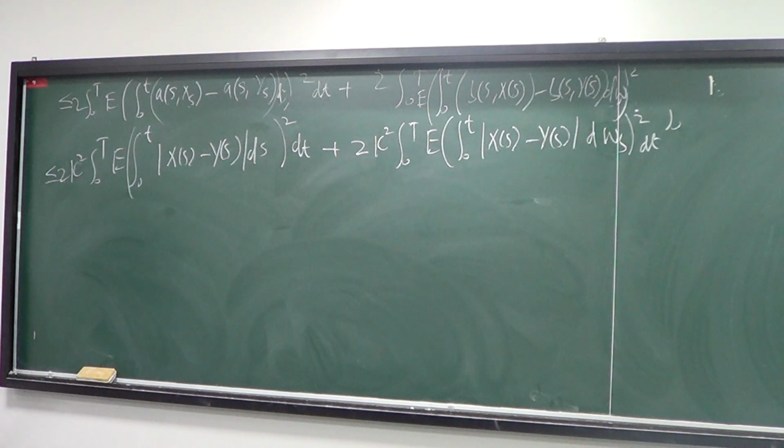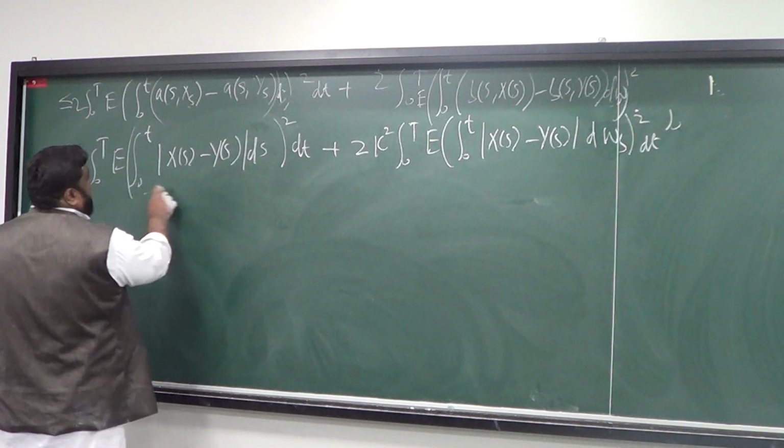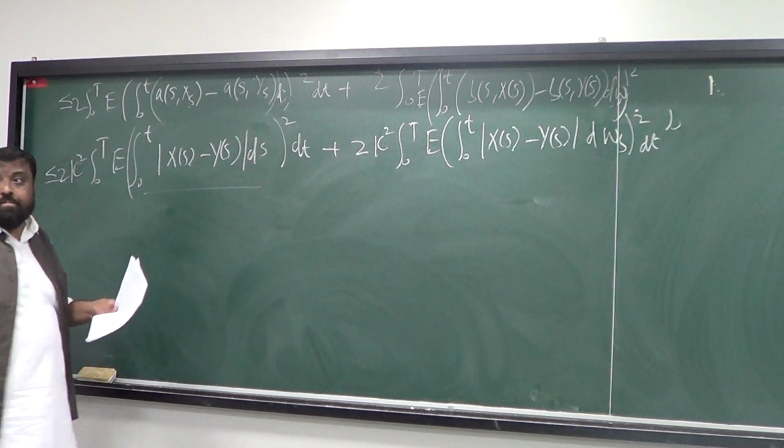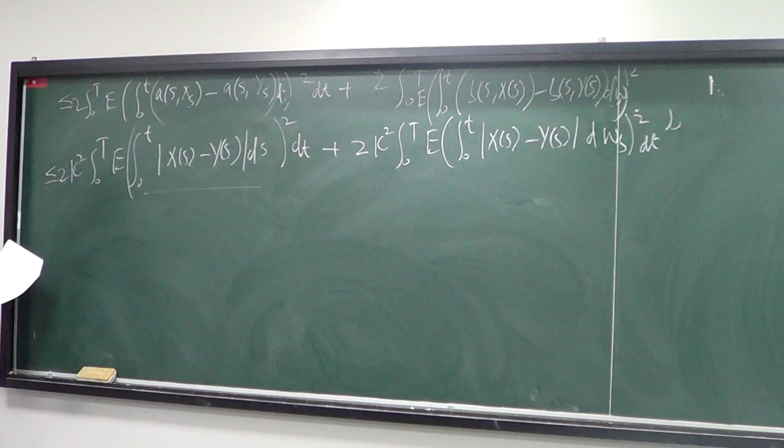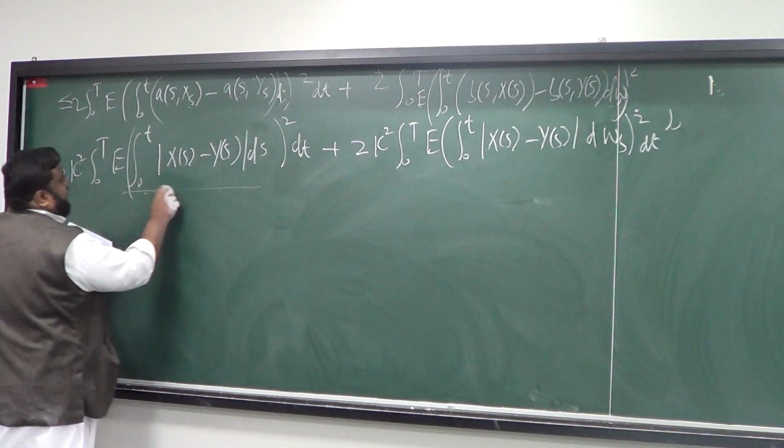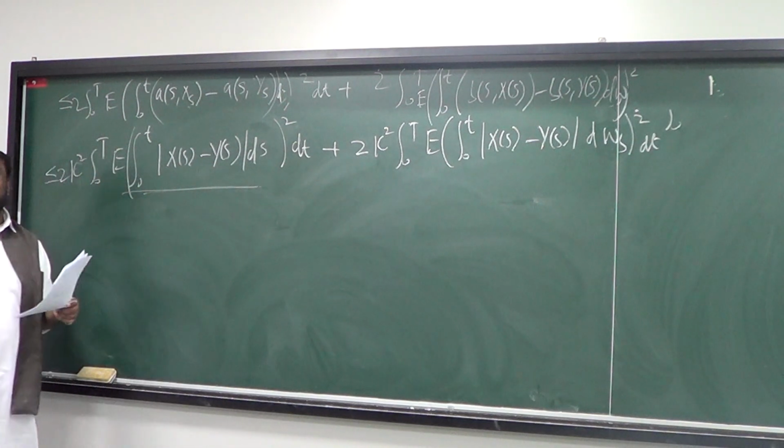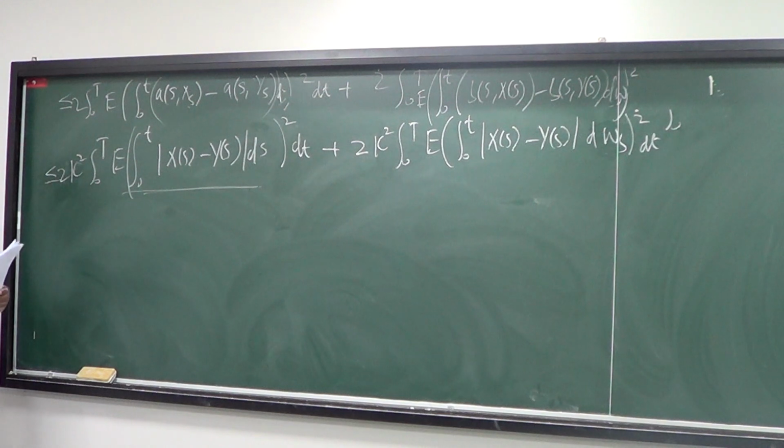Alright, so what should be the next thing now? What is this guy? This entire guy, can I say it's something? This is the norm of X minus Y in Z_T, actually.